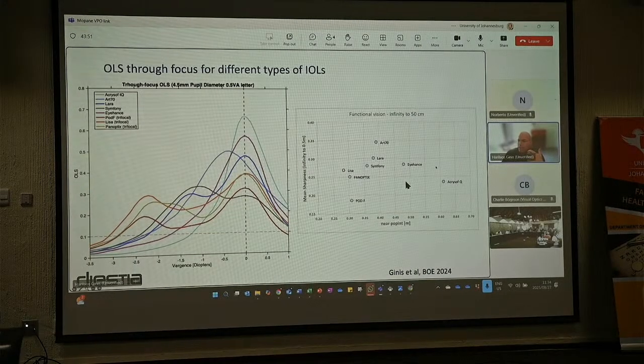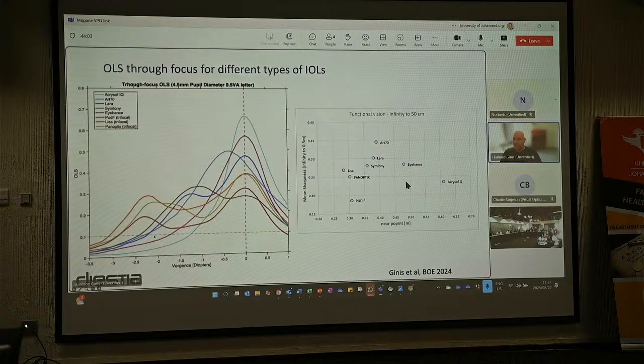And this is a plot showing the different lenses, how good they are in mean image quality between, let's say, infinity and 2 diopters, so 50 centimeters, versus how near you can see. You can see that lenses like the EDOF are good for that, because this is what this metric is looking at. And lenses that have very low performance overall because they quickly go to zero, but they keep some image quality, right?